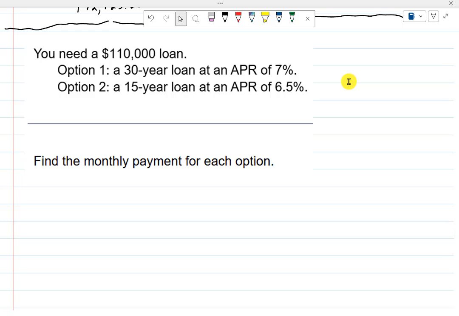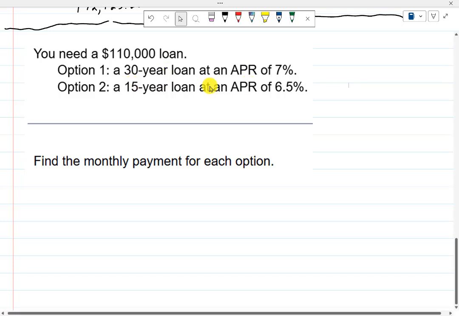Here's an example where we have two options for a loan. And this may happen to you. You may have more than one option for what you're permitted to do when you take out your loan. So typically, when you pay it off faster, you'll get a lower interest rate, which is what this is showing here. So let's take a look at our option 1 and our option 2.